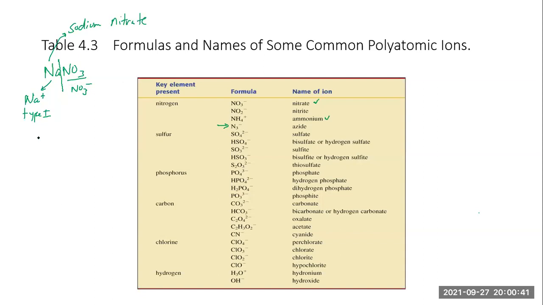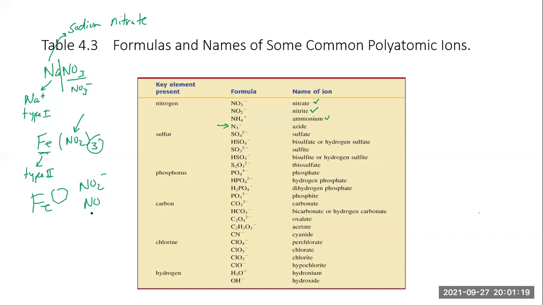If we had something like Fe(NO2)3, when we look at this, this is iron, which is a type 2 metal, which means we're not sure what the charge is on it. So we do have to figure out, just like we did before, but when we look in the parentheses, we see NO2, which is really NO2 minus, and there are not one of them, but there are 3 of them.